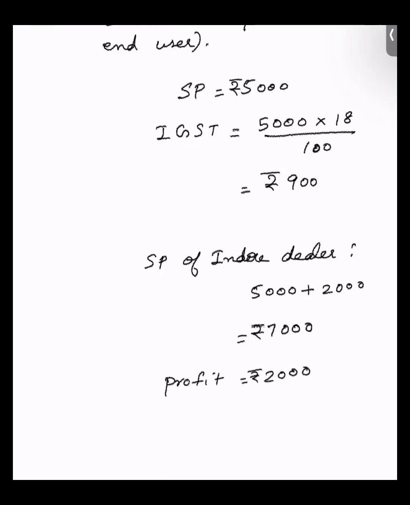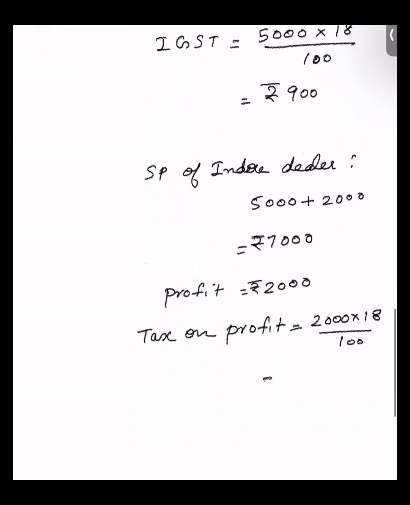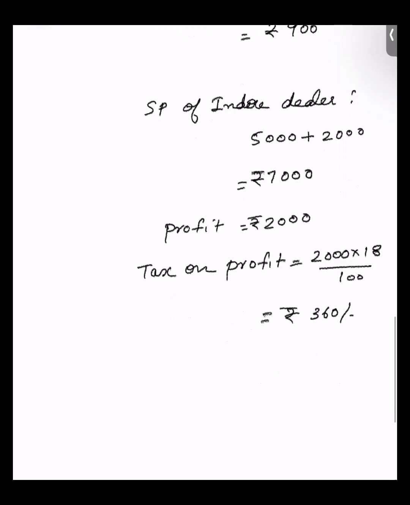Tax on profit is going to be 2,000 into 18 divided by 100, which is going to be 360. So 360 is the net GST payable by the dealer at Indore. That is the first part.